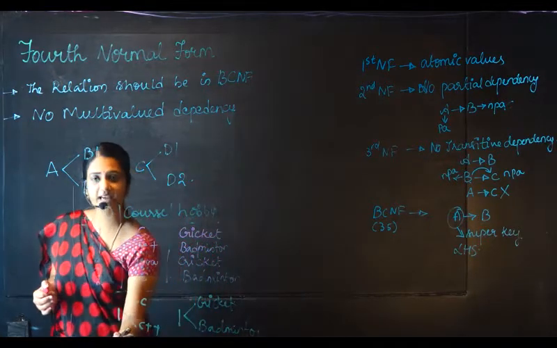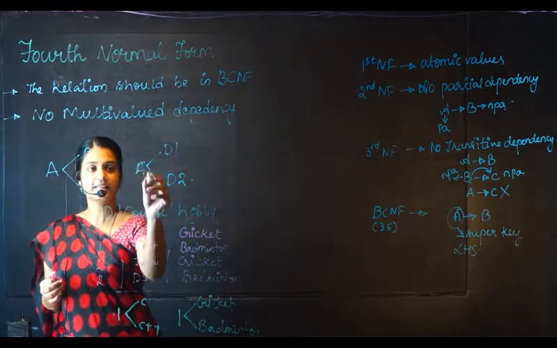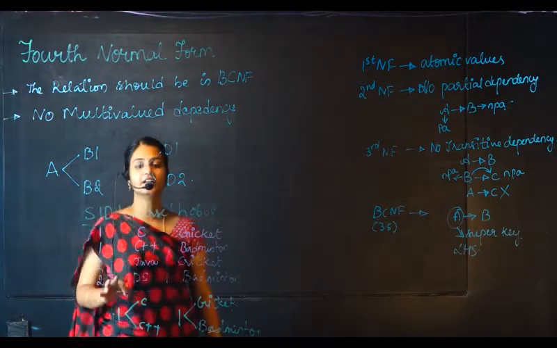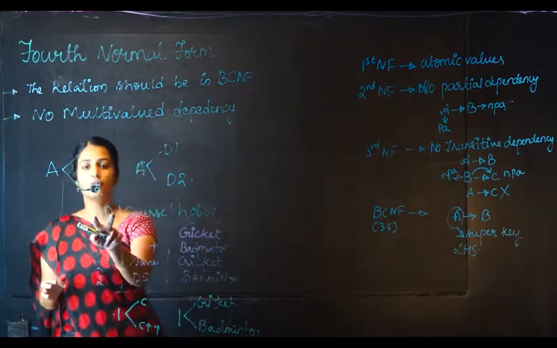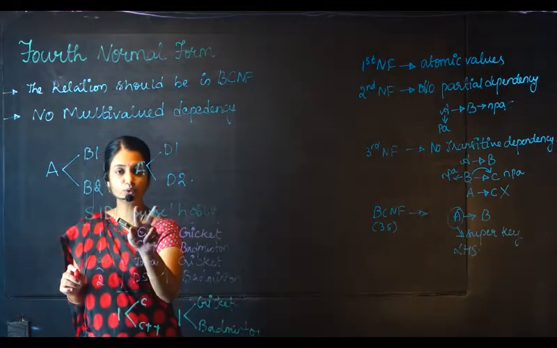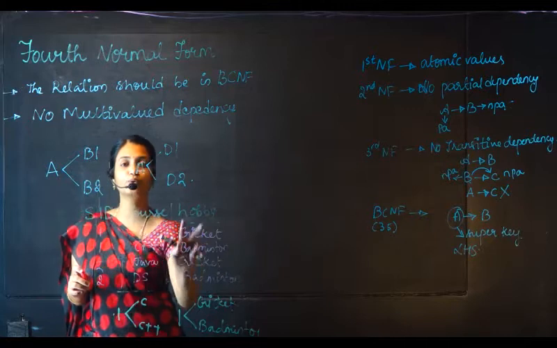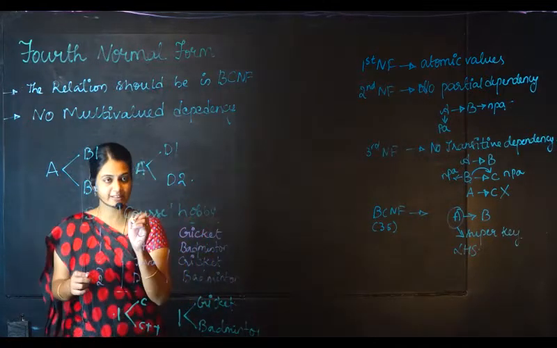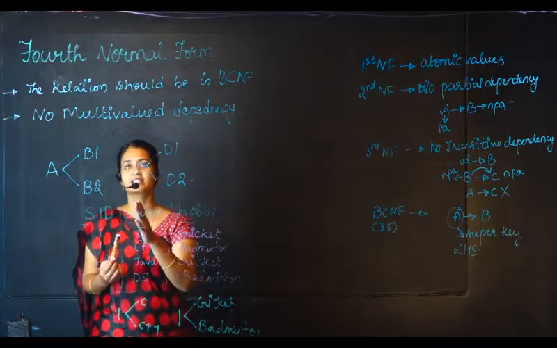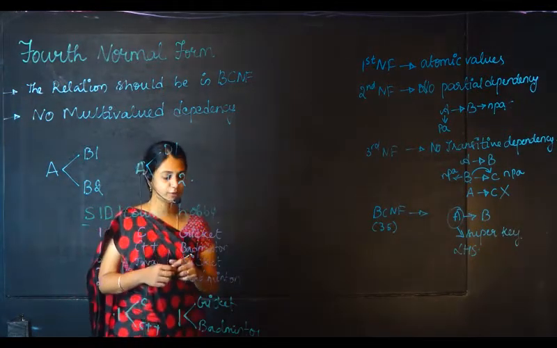So this scenario is nothing but multi-valued dependency. A student ID is determining two different courses and two different hobbies. This multi-valued dependency should not exist in your fourth normal form.